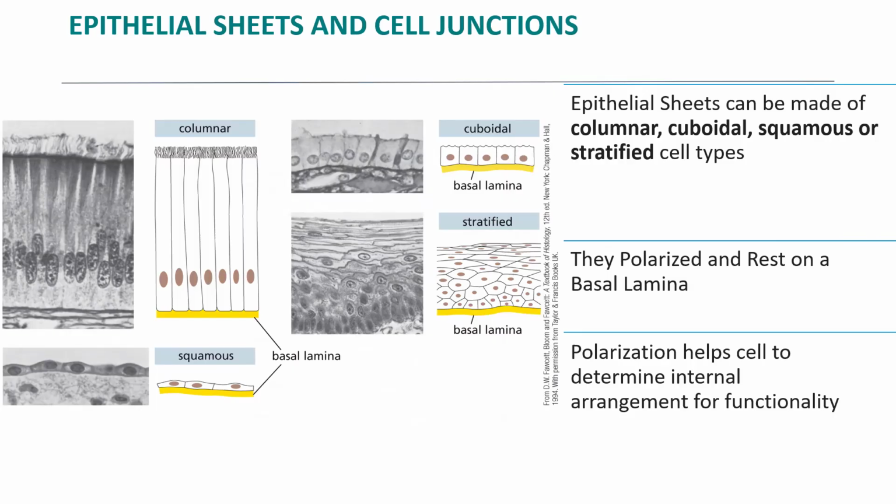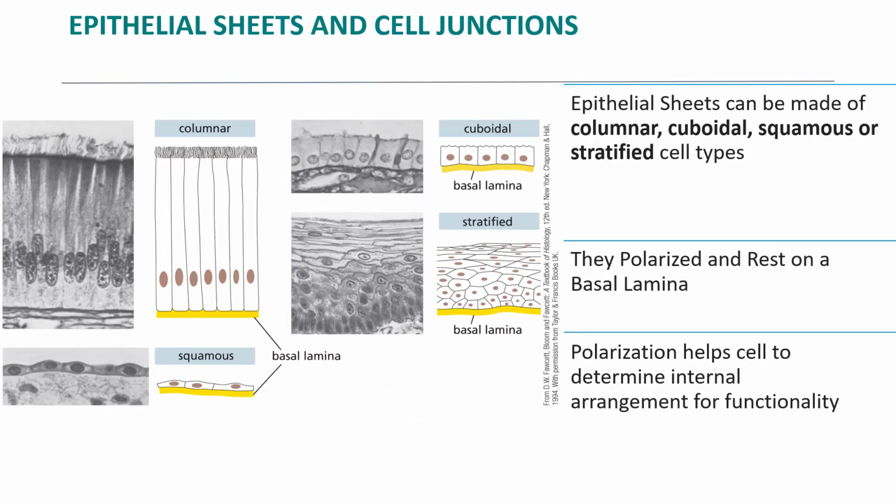And then, of course, we'll talk about some different junctions and the way we hold them together linearly or in a stratified appearance. But again, that polarization, having the cell orient and say, okay, this is the top, the apical, this is the bottom, the basal, this is where I'm anchoring, is going to help determine how the cell internally arranges itself, because the apical surface and the basal surface are going to act in different ways by what they're interacting with.